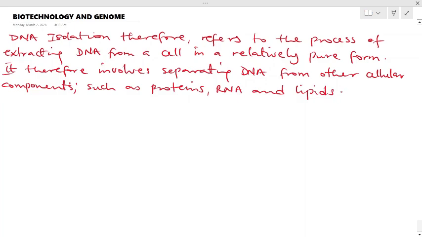All right, so you can say that DNA isolation is a routine procedure to collect DNA for subsequent molecular or forensic analysis.